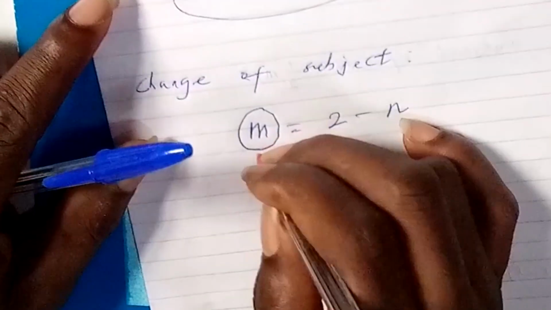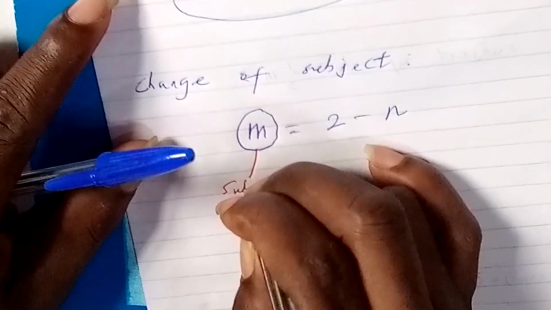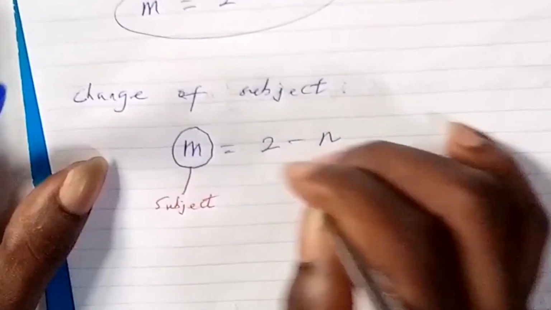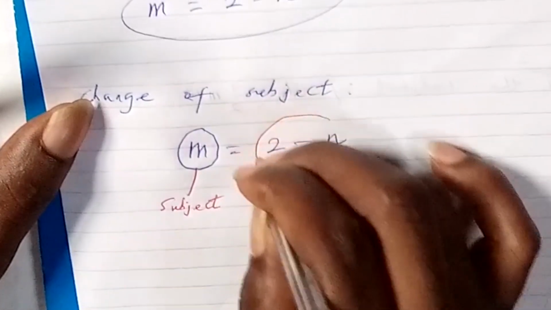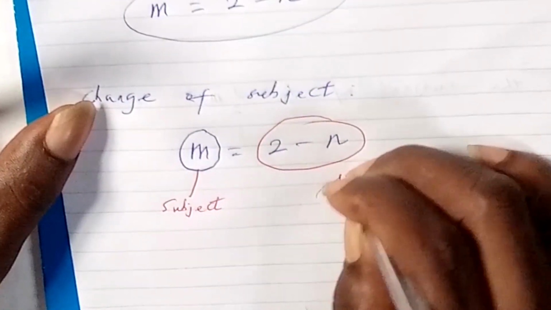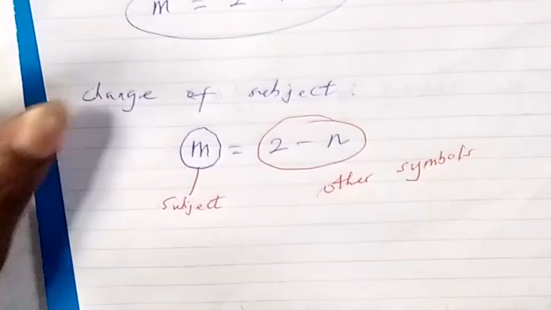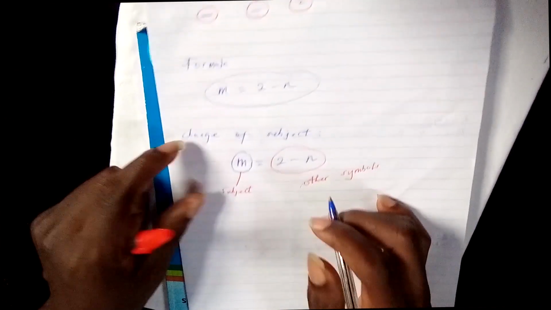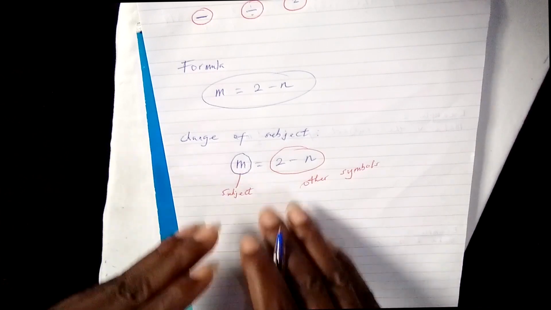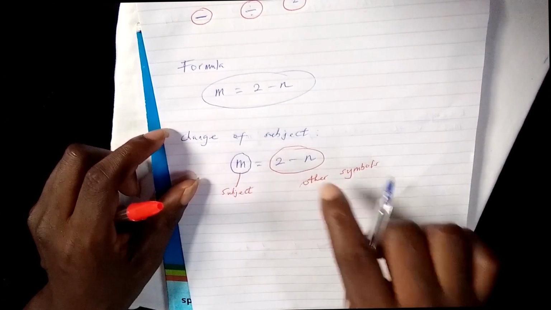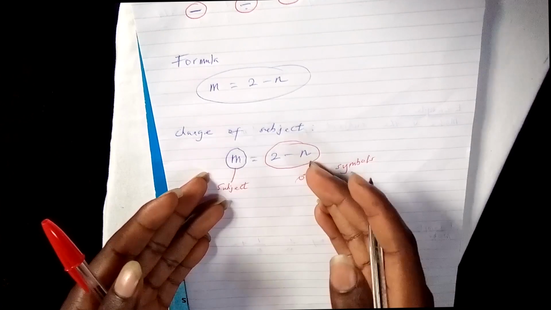So m is the subject, and these are other symbols in mathematics.